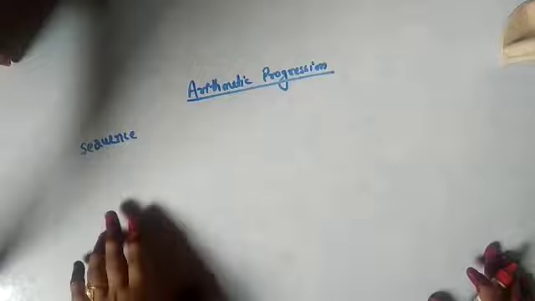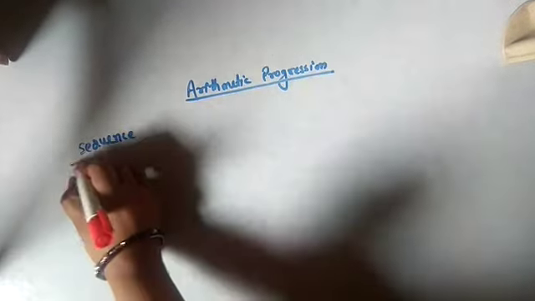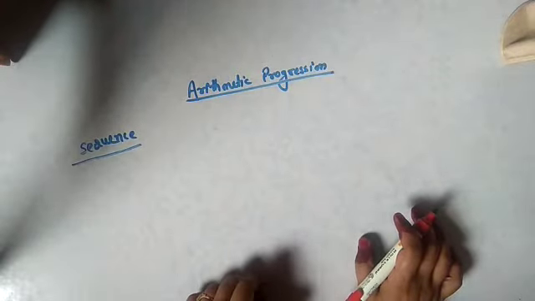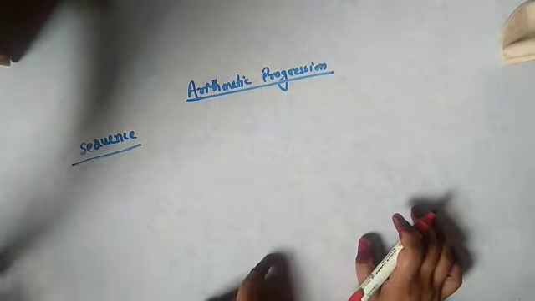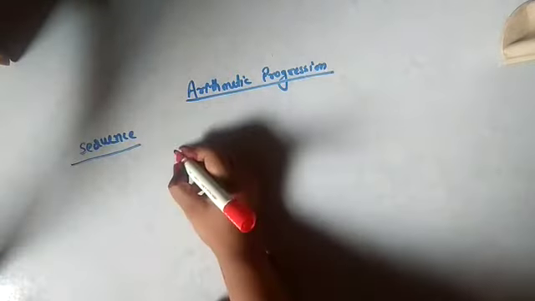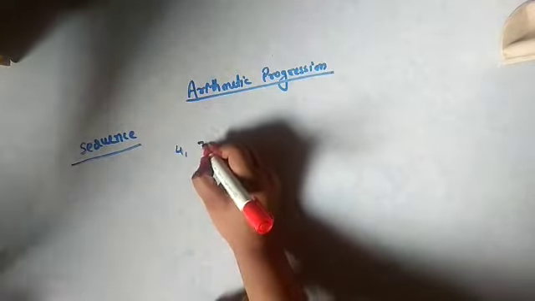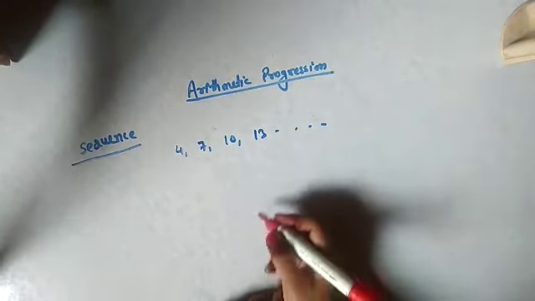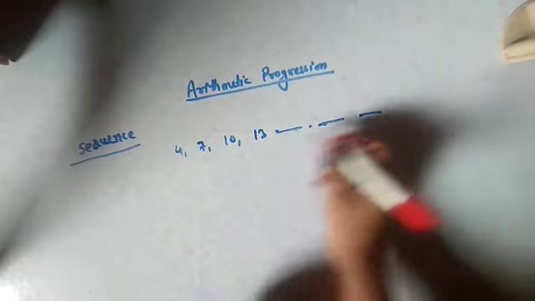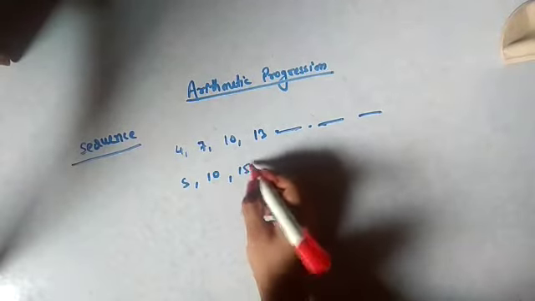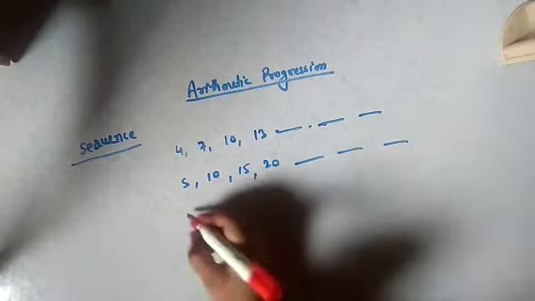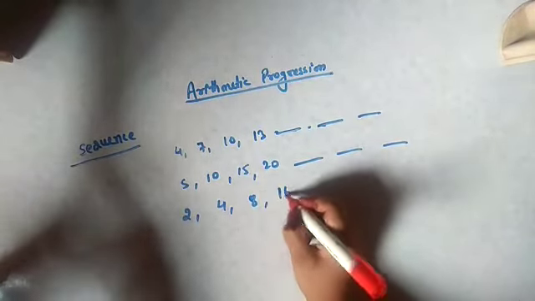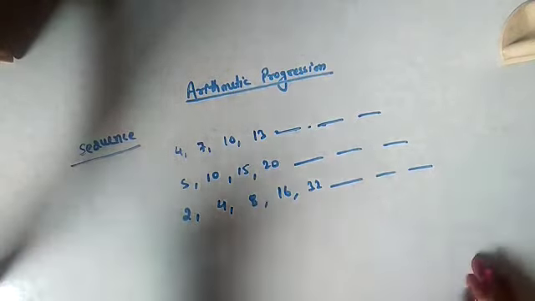So see, at first in arithmetic progression, the first term is sequence. What is the meaning of sequence? In standard 5 or 6, sometimes you will get some numbers like 4, then 7, then 10, 13, and so on, and then suppose 5, 10, 15, 20, and so on. Sometimes it is 2, 4, 8, 16, 32, and so on.